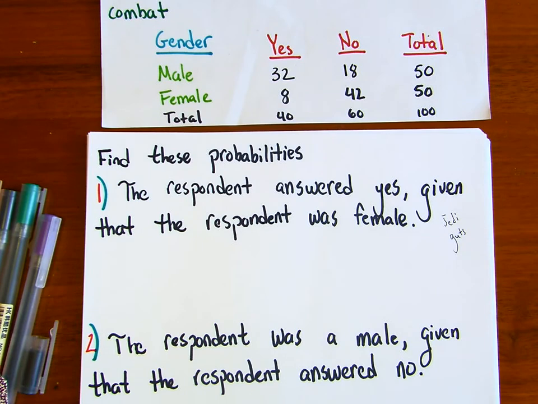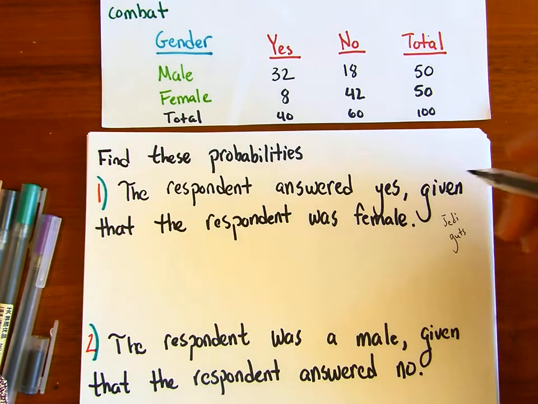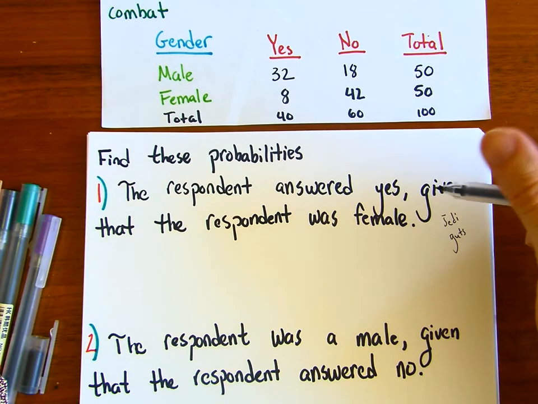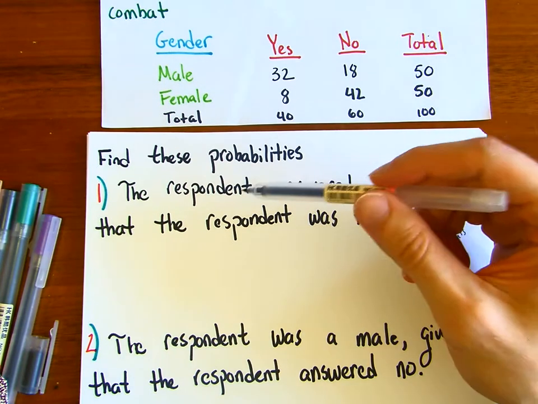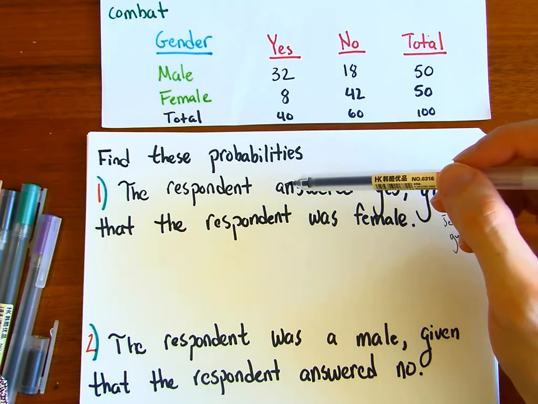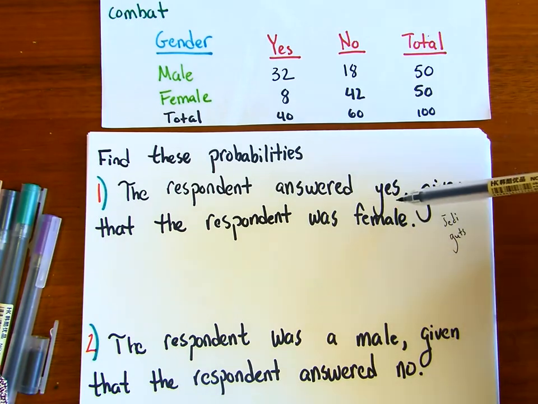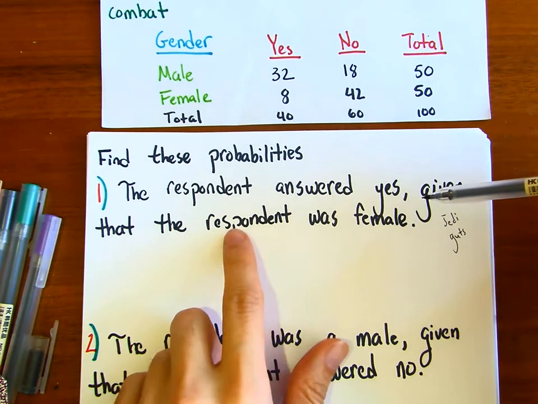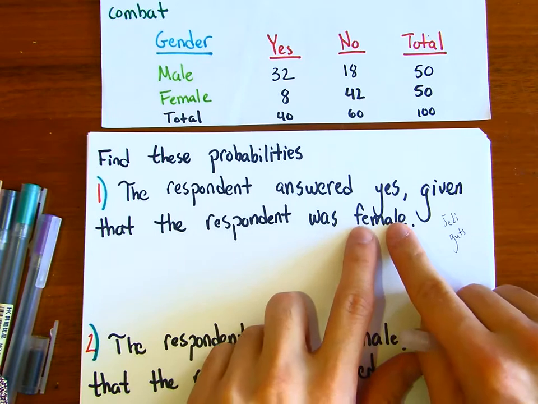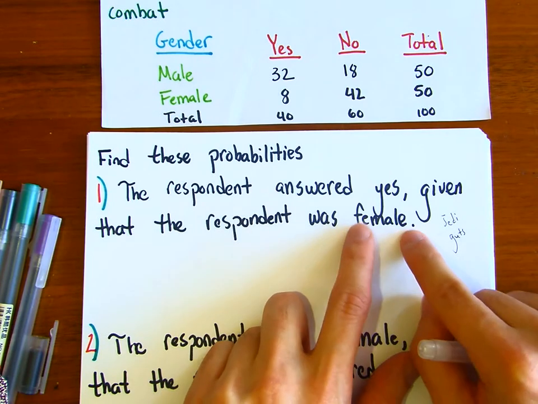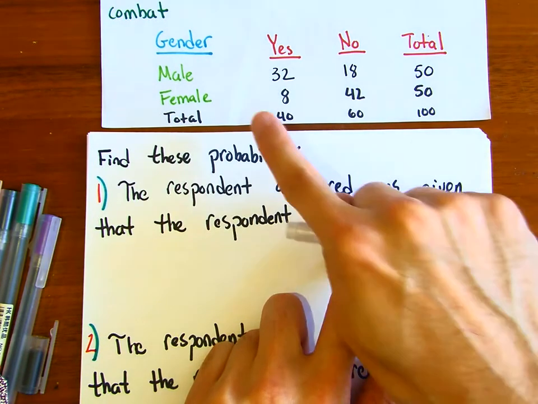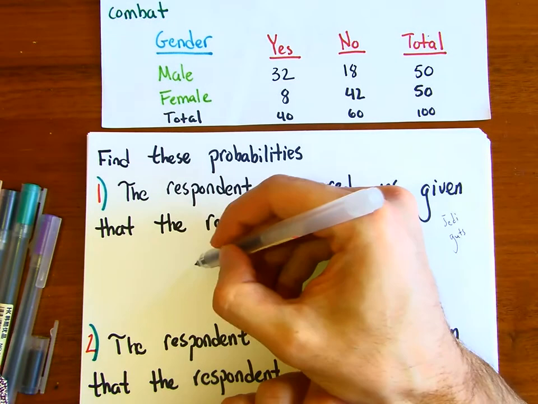It says, what is the probability that the respondent answered yes, given that the respondent was a female? You know that the respondent was a female. How many females are there? There are 50 females.